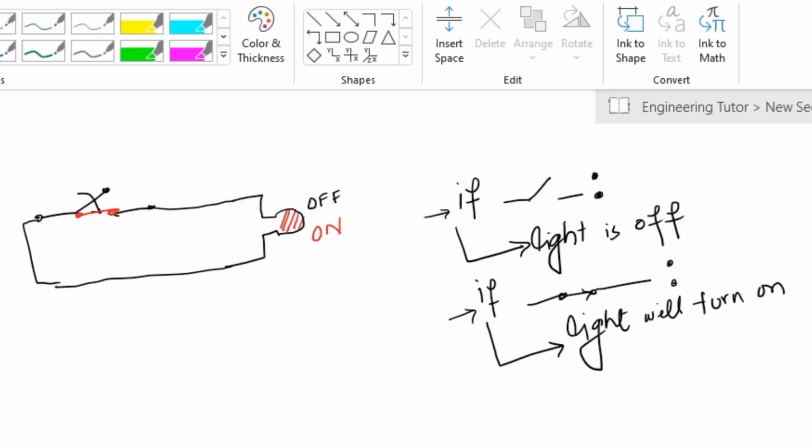Similarly, in engineering and in computer science, we can very easily see that this off condition is basically represented with 0, while the on condition is mostly represented with 1. Okay, so that is true in many cases. So how can we write it in terms of 1?